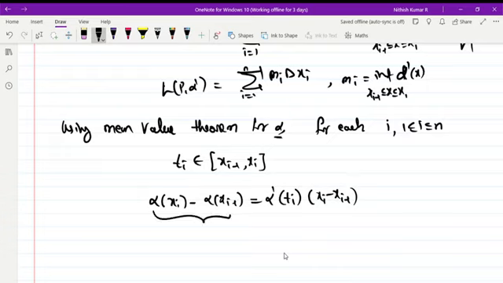Now if you observe, this is nothing but delta alpha i, which is equal to alpha dash of ti into delta xi.